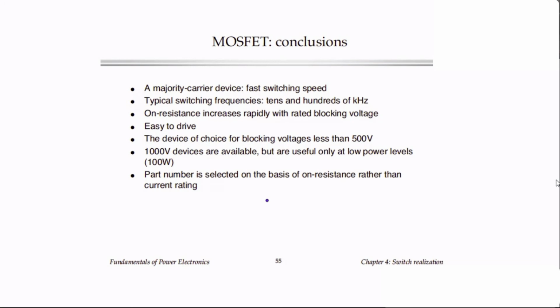They're very easy to drive. We simply switch the gate to source voltage between 0 and 10 or 15 volts depending on the design, and it's very easy to control when they're on and off. We also have logic level MOSFETs that are designed to operate with a 5 volt gate voltage instead of 10 or 15.